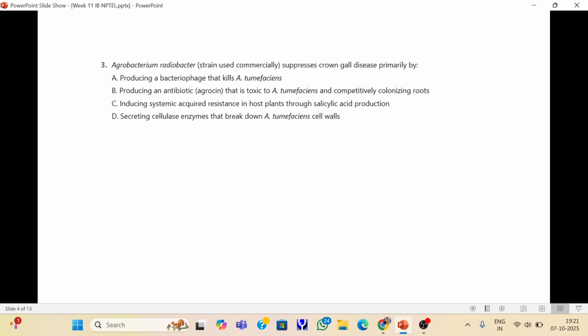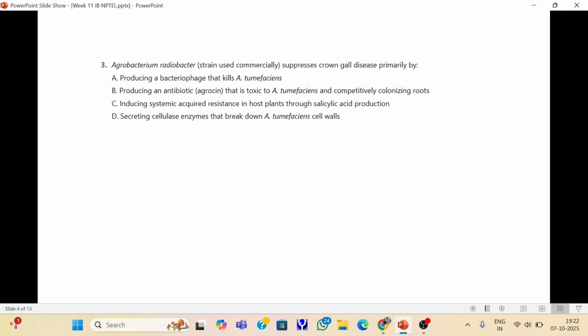Agrobacterium radiobacter strain used commercially suppresses crown gall disease primarily by: A. producing a bacteriophage that kills A. tumefaciens. B. producing an antibiotic agrocin that is toxic to A. tumefaciens and competitively colonizing the roots.